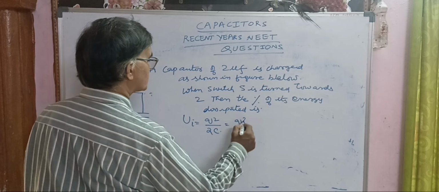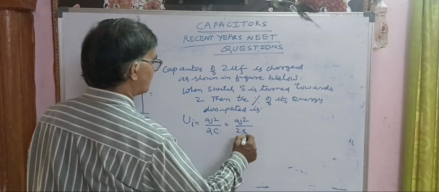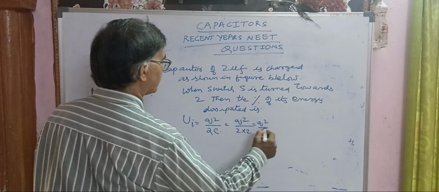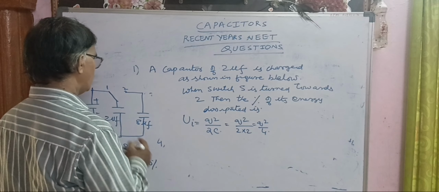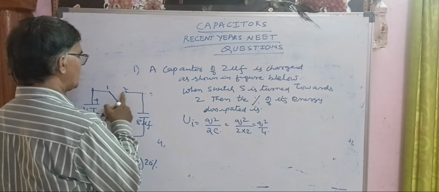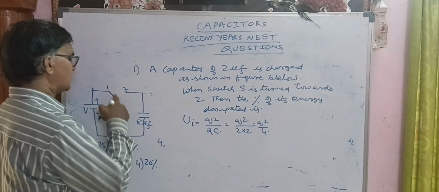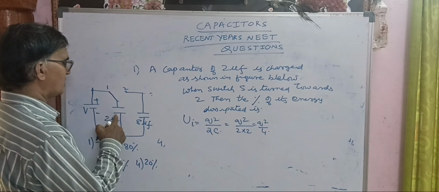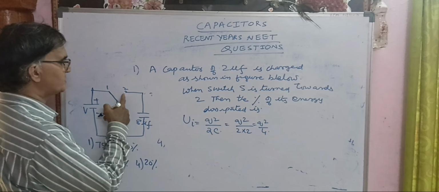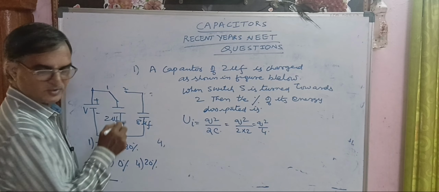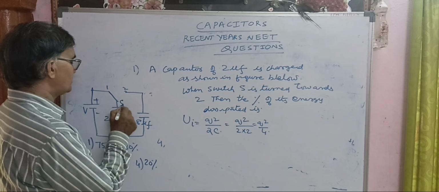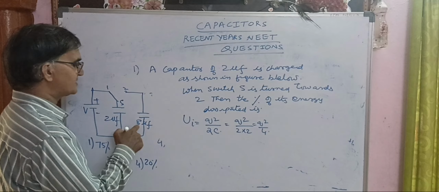So Q square by 2 into 2, that is Q square by 4. Now if you switch it to the second side, both the capacitors are connected here, whereas in the first case only one capacitor.